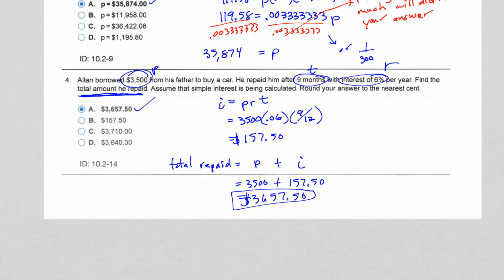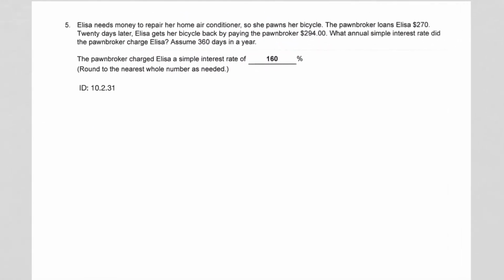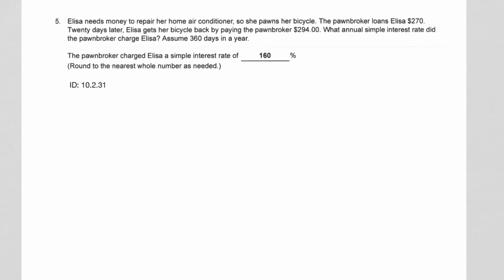All right, let's go to number 5, last question in 10.2. Another word problem here. Remember, we went over some problems with extremely high interest rates that you want to avoid as much as possible.